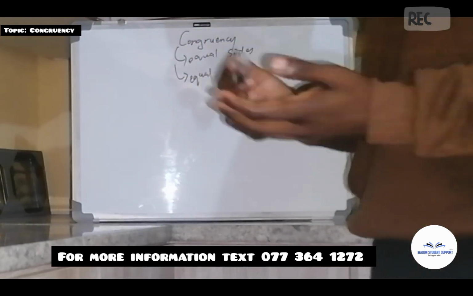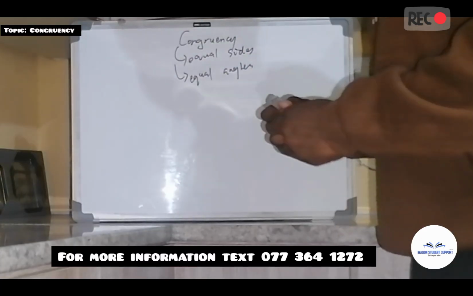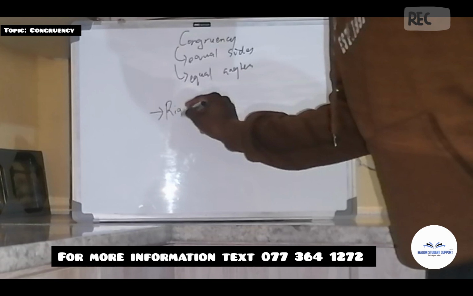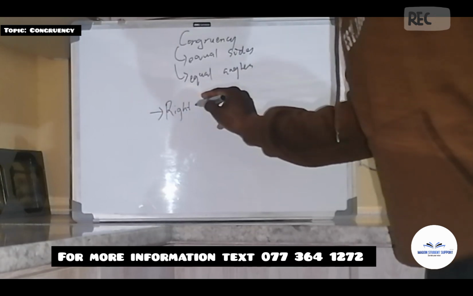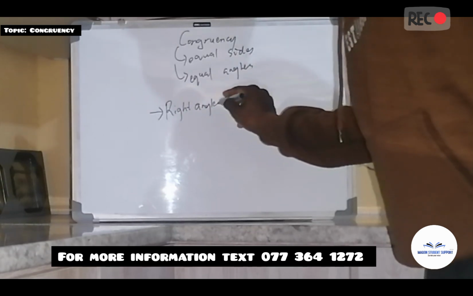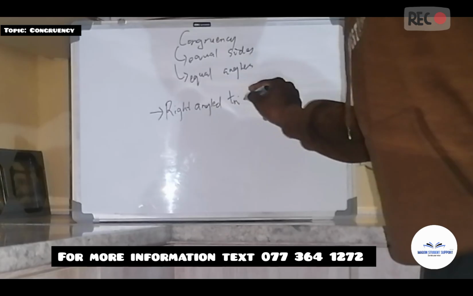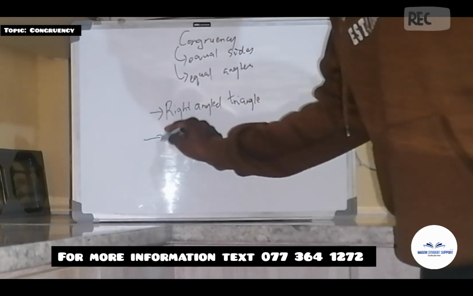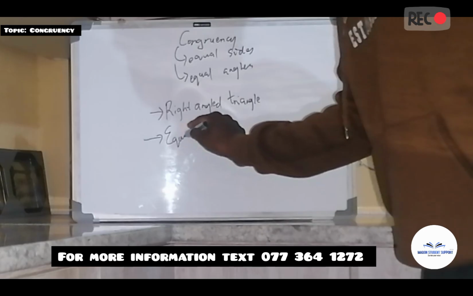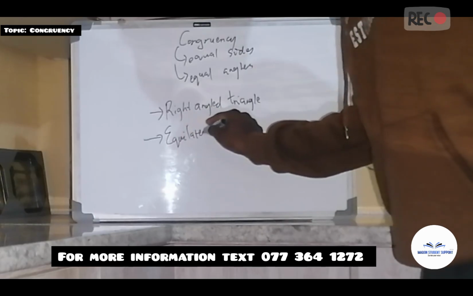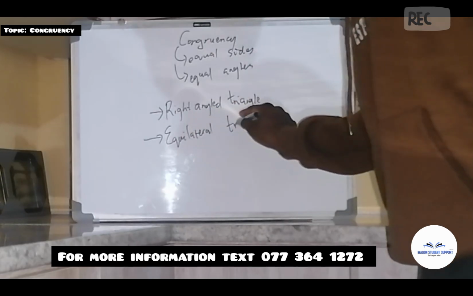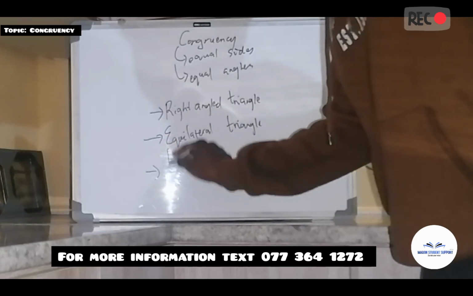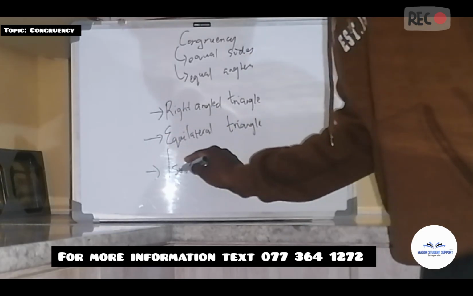It will have your right angled triangle, and then your equilateral triangle, and your isosceles triangle.